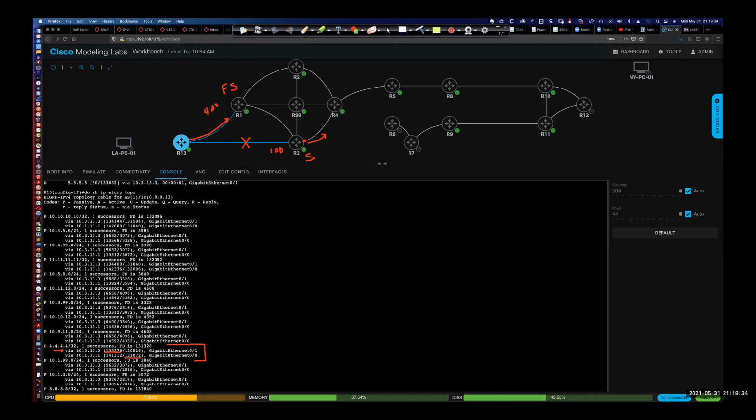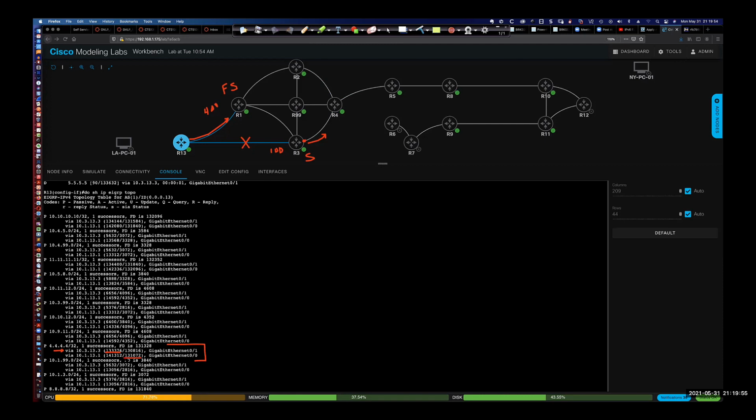I can never get this right. Hold on, give me one second here. I'm actually going to have to check this. Yes, the reported distance received for that route must be less than the feasible distance calculated locally. And that guarantees loop freedom.